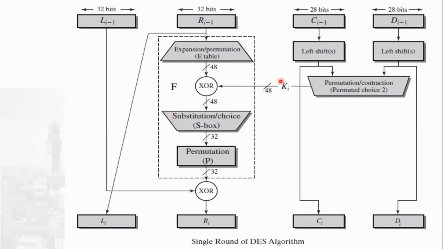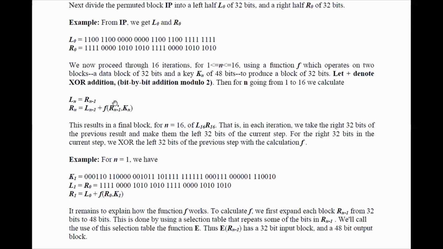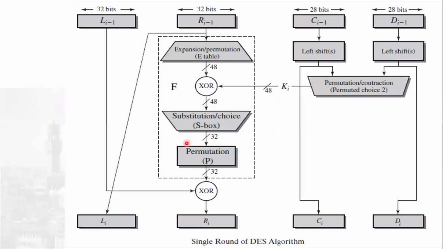So the current key and the right part are the two inputs for this function. When you see the algorithm, these will be the mathematical terms you will be reading in the books, so you should not be getting confused with that. It's just a mathematical representation of what we have seen in this diagram. Any doubts here?